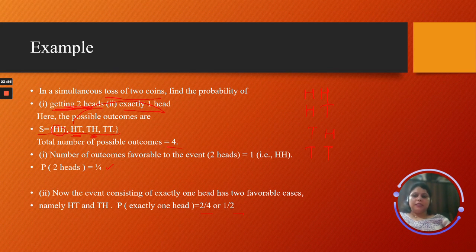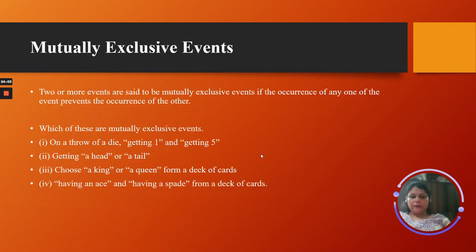For example, we have various events here, and we'll consider them one by one and see whether they are mutually exclusive or not. On a throw of a die, getting 1 or getting 5. When you throw a die, either you are going to get 1 or you are going to get 5. There is no chance that you are going to get 1 and 5 at the same time.